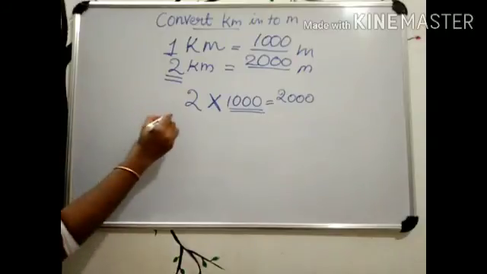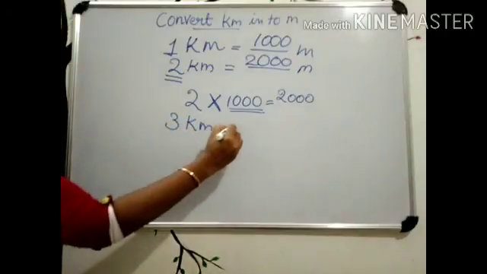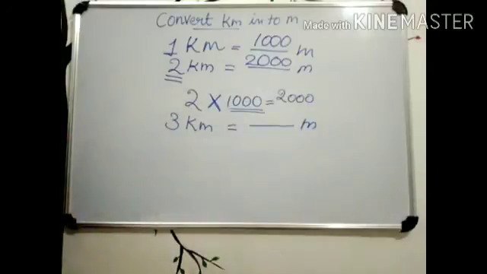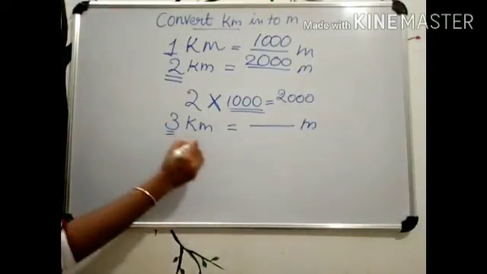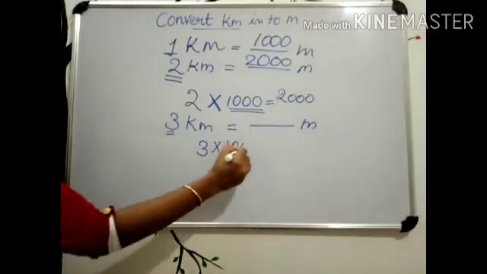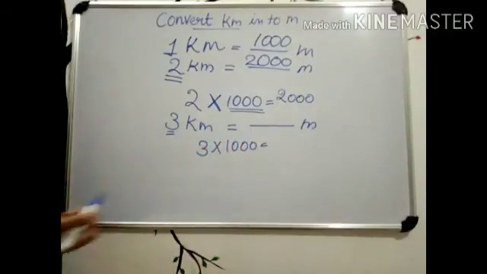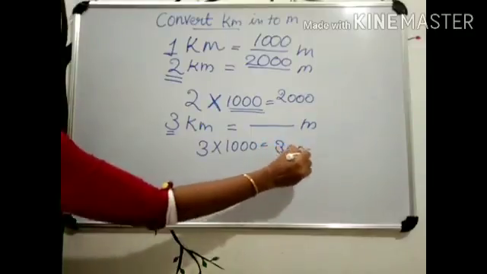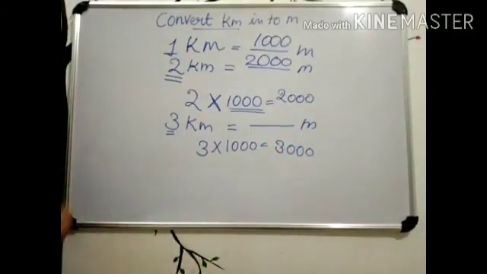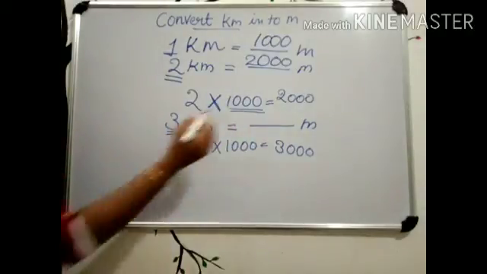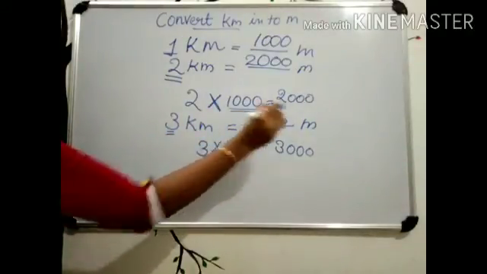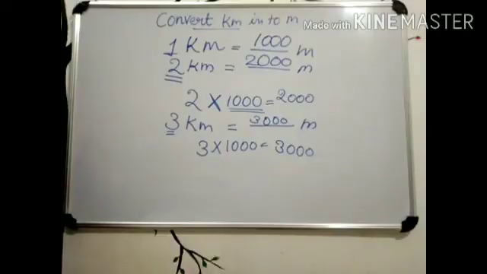One more example. Suppose 3 kilometer is equal to how much meter? Yes, here you can see 3. That 3 into 1000 is what? Yes, 3000. Just add 3 zeros to the right side of that number. Is it simple, isn't it? So 3 kilometer is equal to how much meter? Yes, 3000 meter. Is it easy?